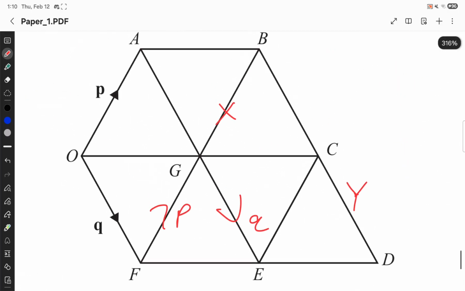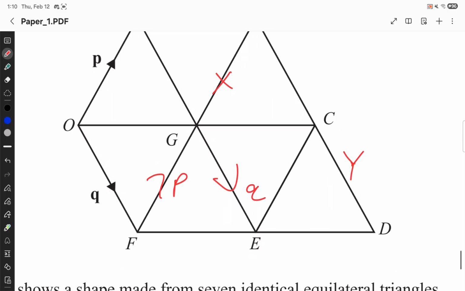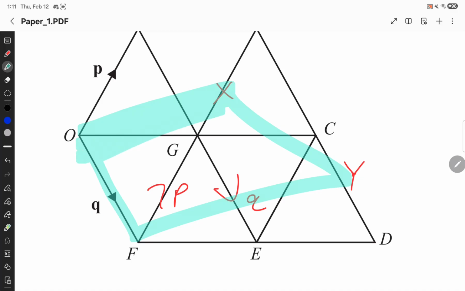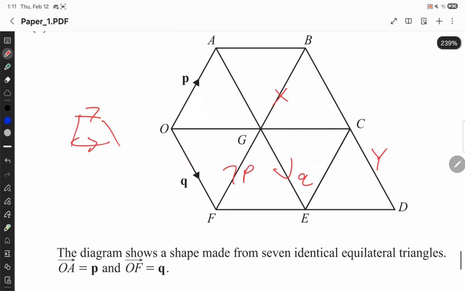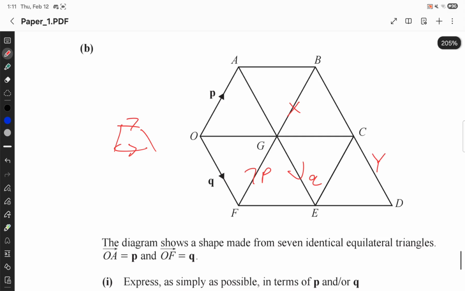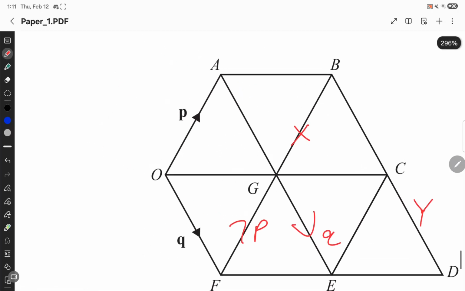We need to find XY somehow. A fun thing is that when I solved this type of question, I knew that OX and FY needed to be parallel vectors to solve this case. So that's what I did: I took OX and FY to be parallel and did the question. That's what we are going to do as well.